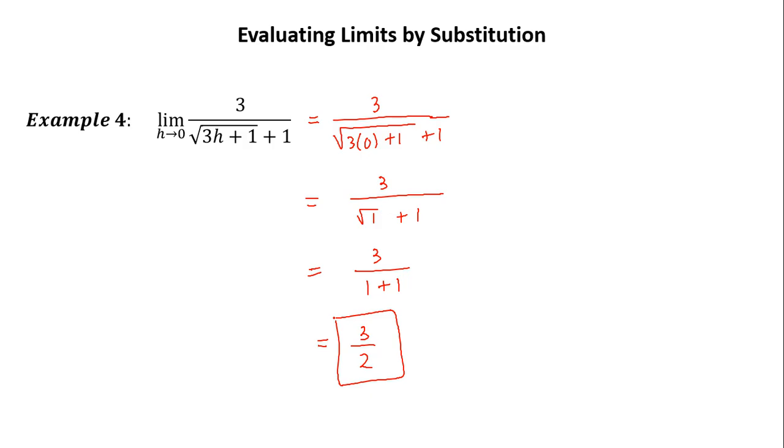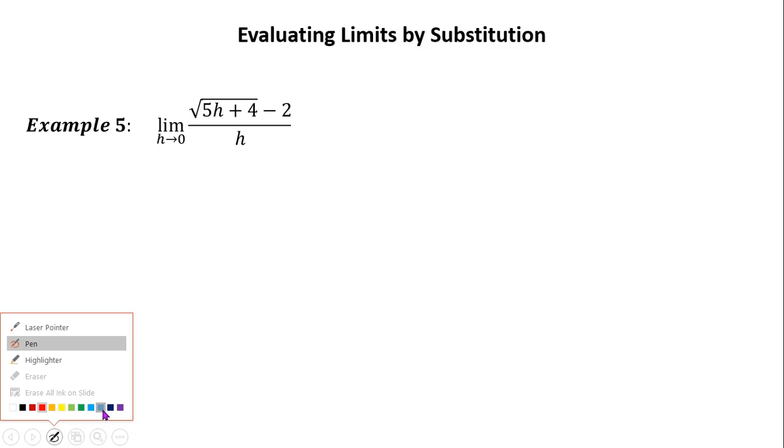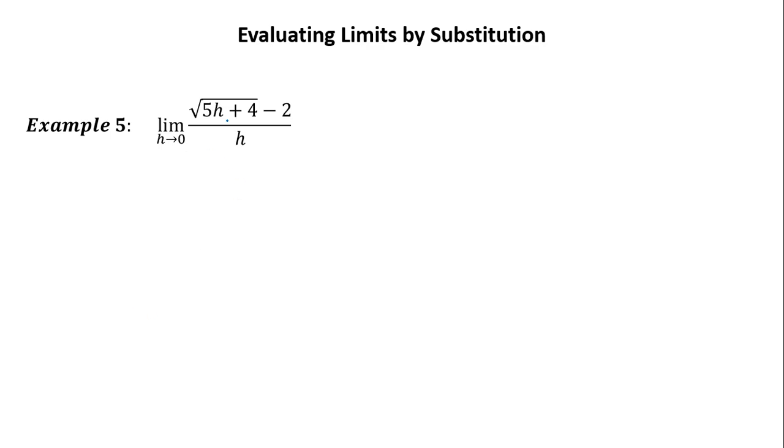Alright, now let's proceed to example number 5. This is similar to example 4, but let's just check whether we will produce a 0 over 0. Okay, so I'll just show you how to check that. We'll just substitute 0 for h. So let's write first the expression here: the square root of 5h plus 4 minus 2 divided by h.